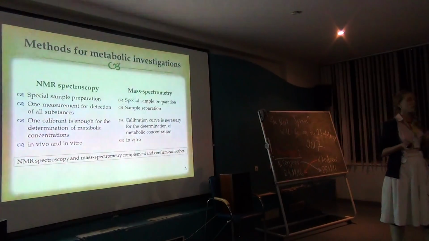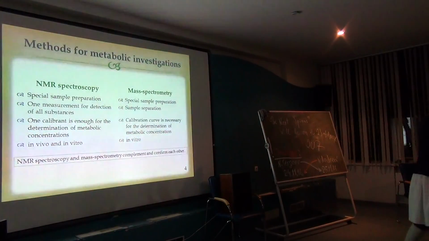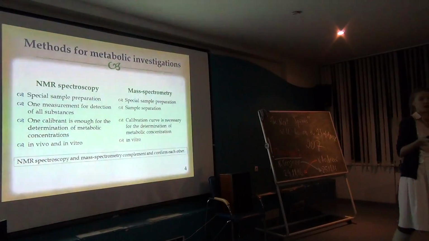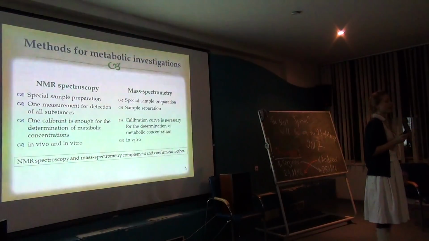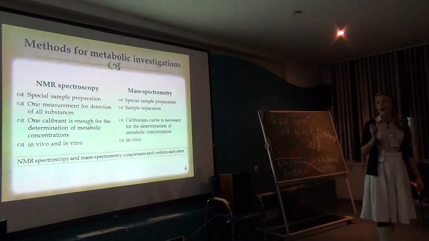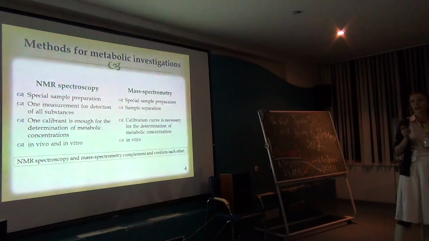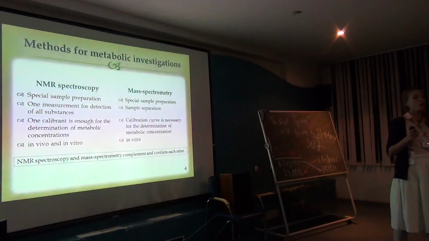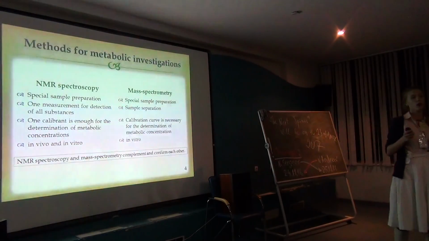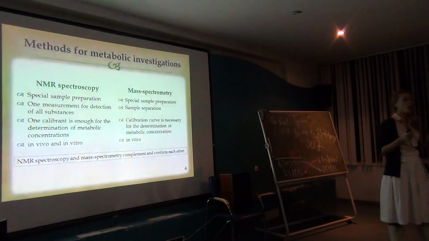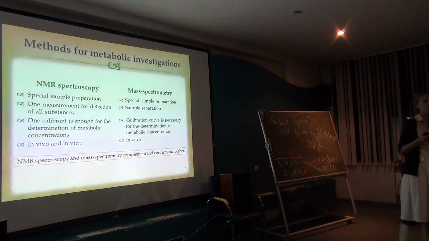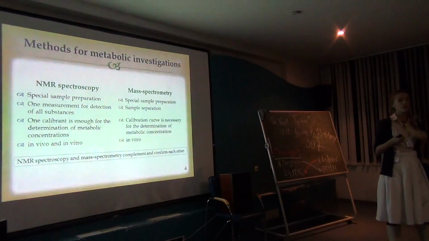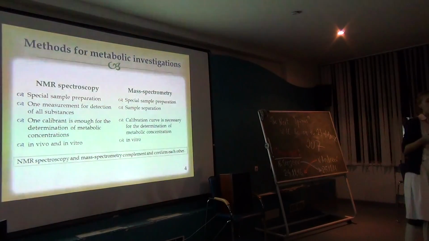There are two most important methods for metabolomic studies: NMR spectroscopy and mass spectrometry. Both of them have pluses and minuses, of course. NMR spectroscopy requires special sample preparation, but it is possible to determine the concentration of all detectable metabolites during one measurement. One calibrant is enough, and in vivo and in vitro studies are available.